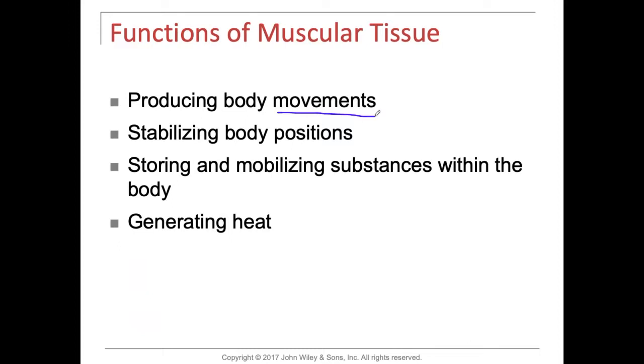So muscles attach to bones by way of tendons. Muscles provide the contractile force that's transmitted to the tendons. The tendons are somewhat inelastic, and you get a pulling on bones to create movement.